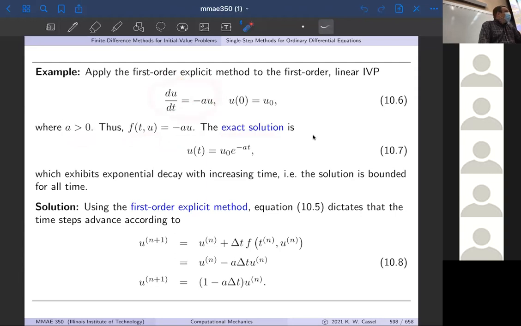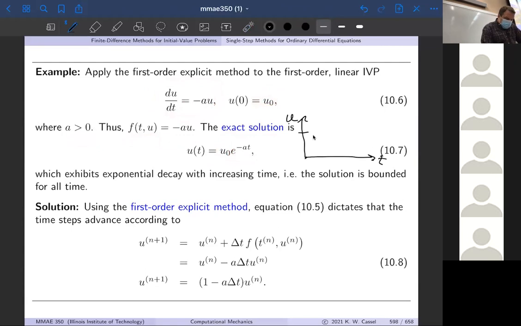Your Math 252 professor would be very proud of you if you could solve that exactly. Here is that solution: u0, the initial condition, times e to the minus at. This represents an exponential decay in time. Time goes this way, u is up.